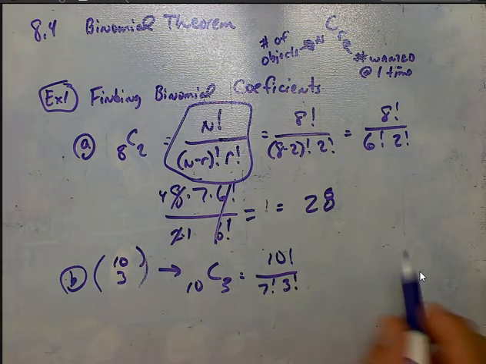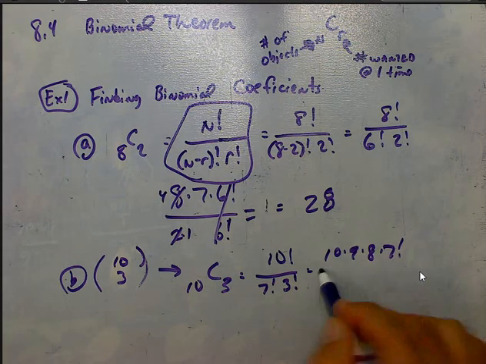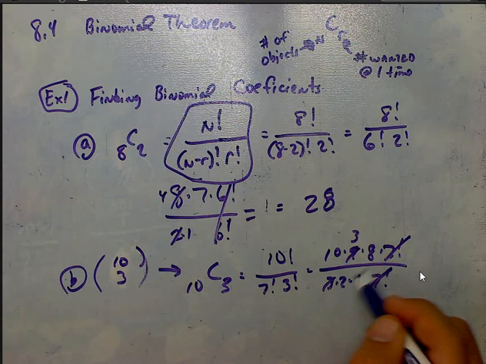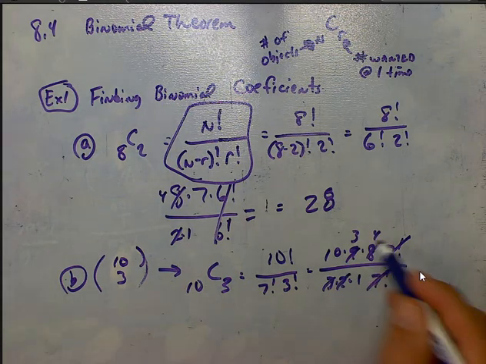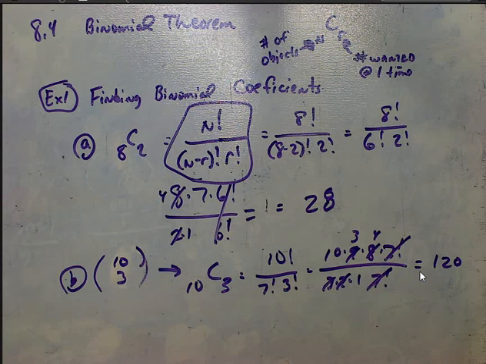And so 10 times 9 times 8 times 7 factorial, over 7 factorial and 3 times 2 times 1. 7 factorials cancel. 3 goes into 9 3 times, 2 goes into 8 4 times, 10 times 3 times 4 is 120.